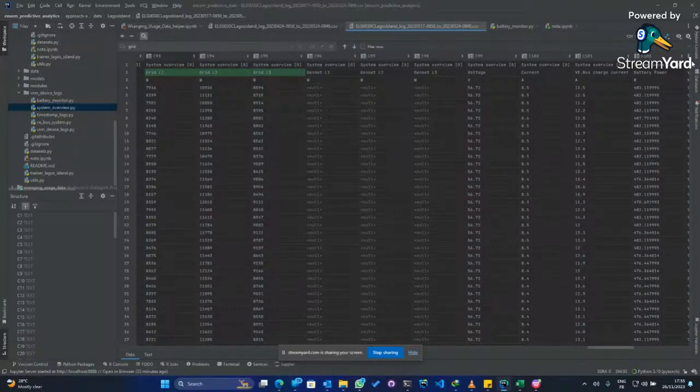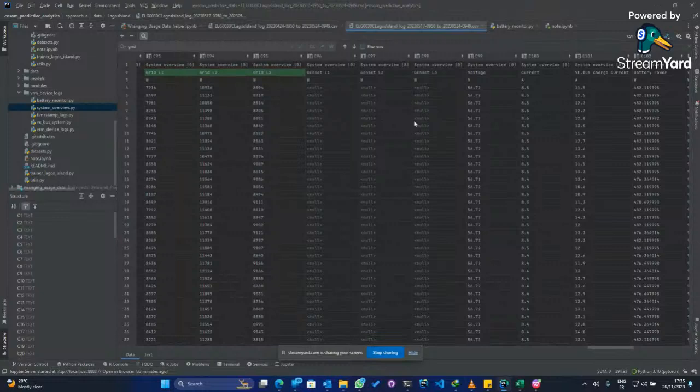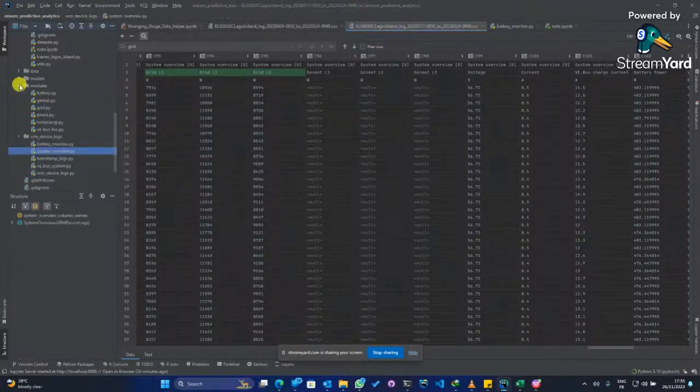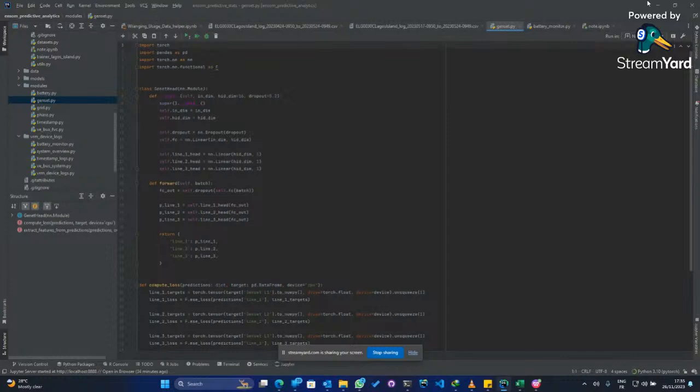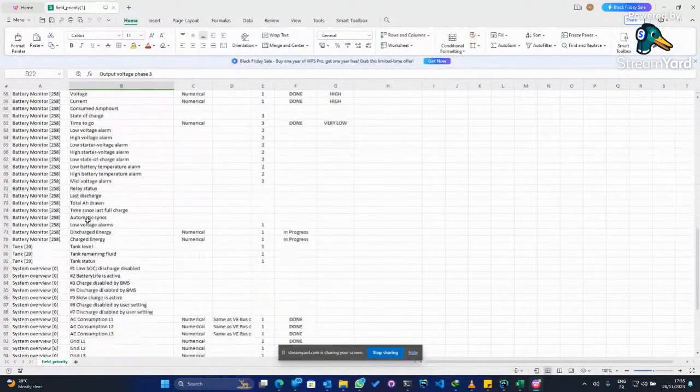Then the last one was the genset, the diesel level. The diesel level is related to a device called the tank, and the tank has specific fields: the tank level, as I mentioned before, the remaining field, and the tank stations.